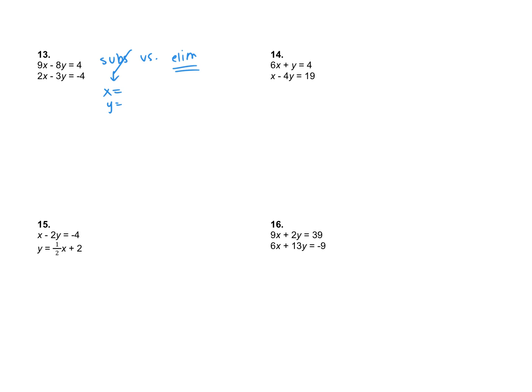If we look at question 15, for example, is it going to be easy to get x or y alone for substitution? We should be saying, yeah, we already have y equals. So for that one, we're already set up to do substitution.